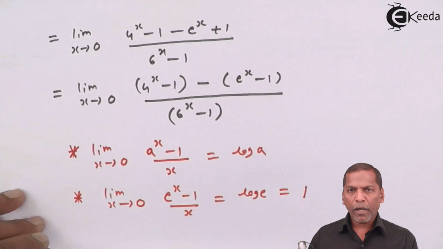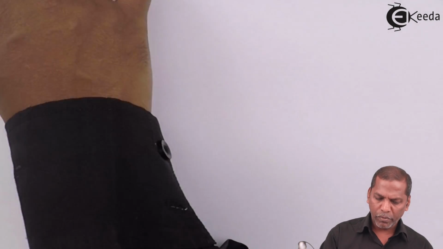So now to get the limits rule, here we have to divide numerator and denominator by x.